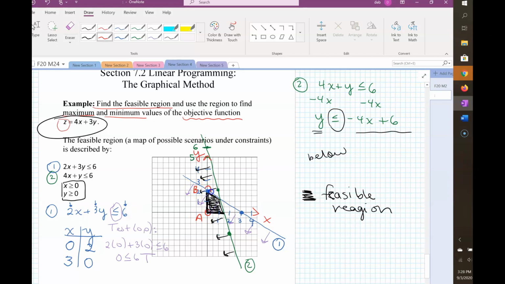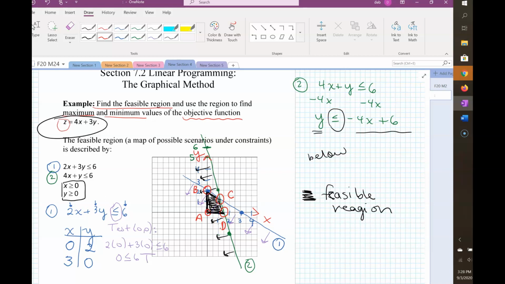Then I go clockwise around the shape to make sure I don't miss any of the corner points. So then I see the y-intercept of line 1 is going to be a corner point. Then I see the point of intersection of the two lines is going to be a corner point. And then the x-intercept of the second line is going to be one of the corner points.